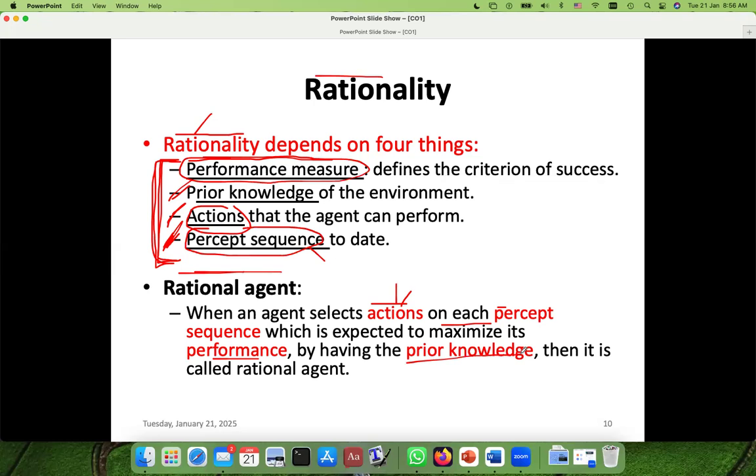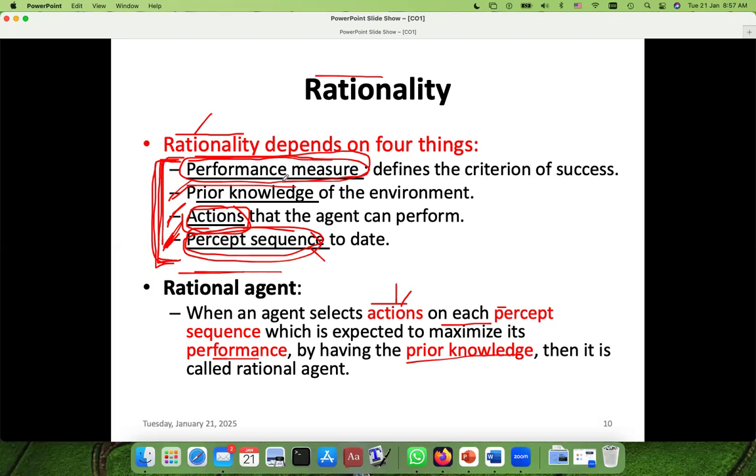Leave these four terms, use your own words for them. And then you can say, if an agent has a percept sequence, and on that percept sequence, the agent is performing actions by using the prior knowledge, and those actions are improving the performance of the agent, then that agent is called what?